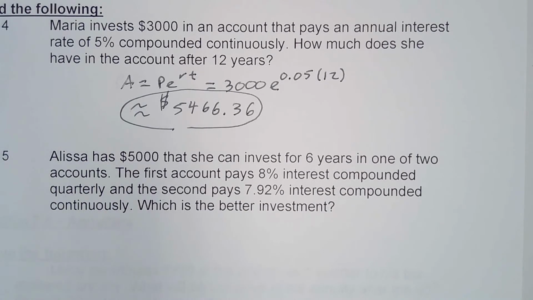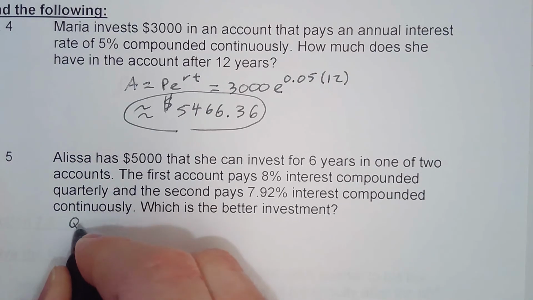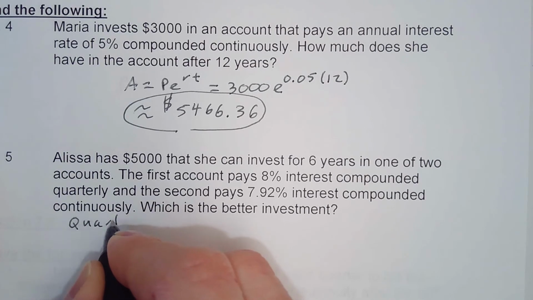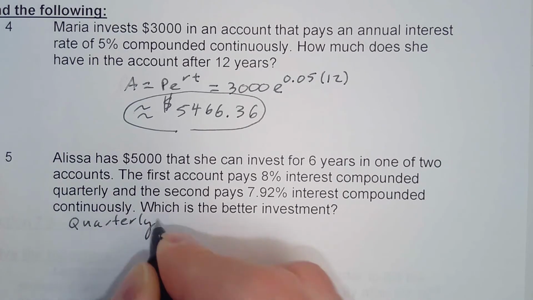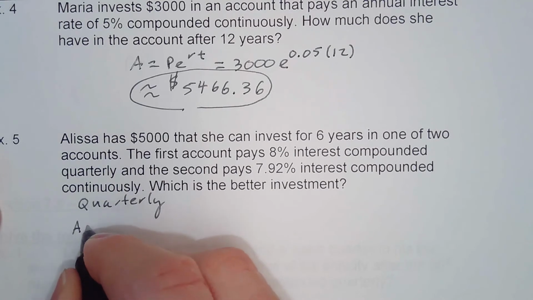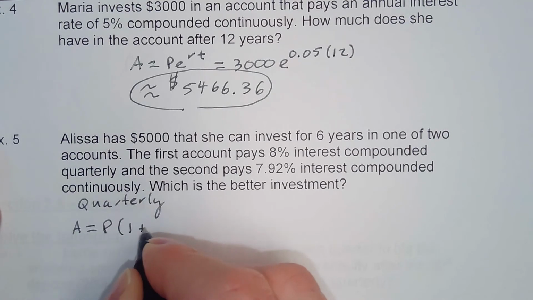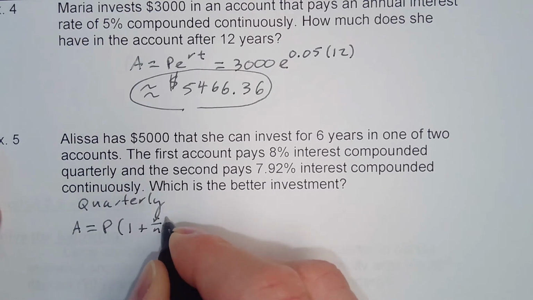Let's try the next one. Alyssa has $5,000 that she can invest for 6 years in one of 2 accounts. The first account pays 8% interest compounded quarterly, and the second pays 7.92% compounded continuously. Which one's a better investment? For the quarterly, we're going to have to use A equals P times 1 plus r over n raised to the nt.